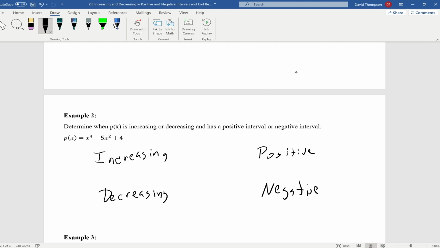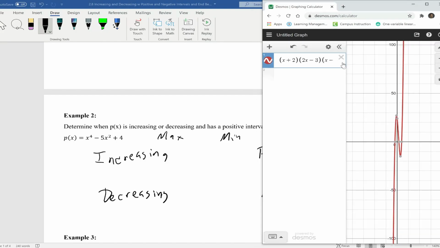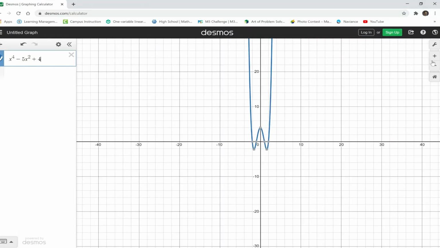So first we want our maxes, we want our mins, and we want our zeros. So let's graph this function in Desmos. Clear out the old function. We have x to the 4th power minus 5x to the 2nd power plus 4. So let's just zoom out so we can see it.